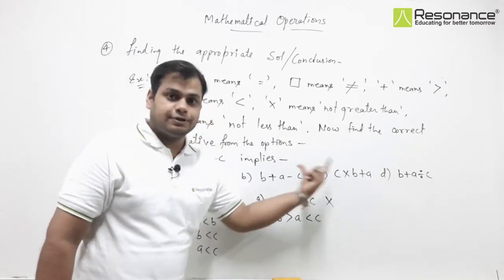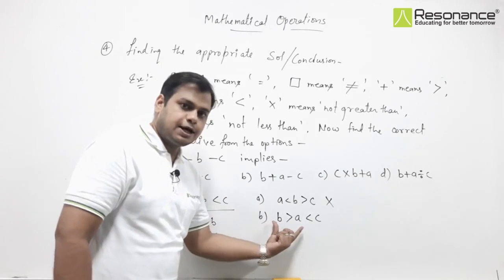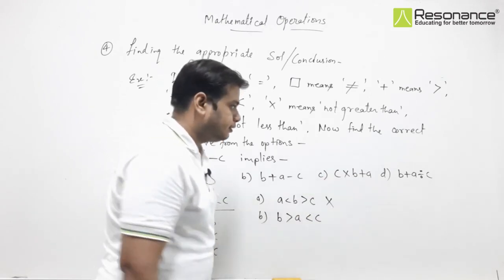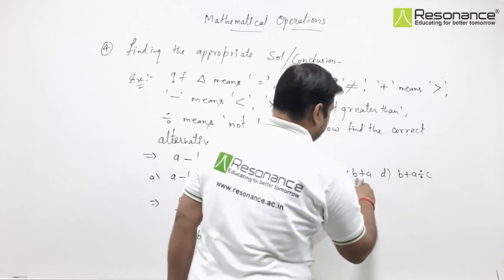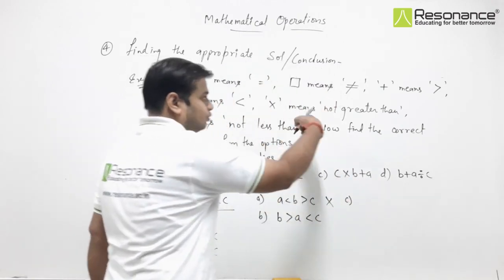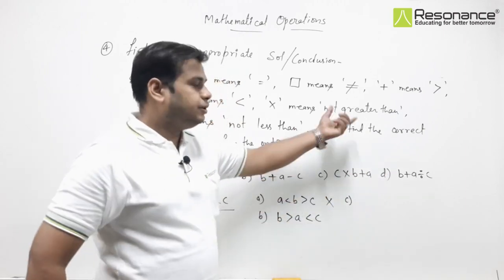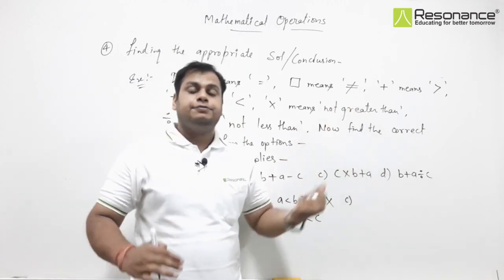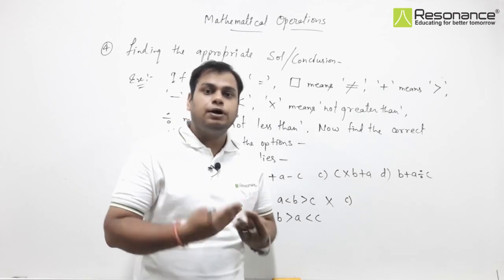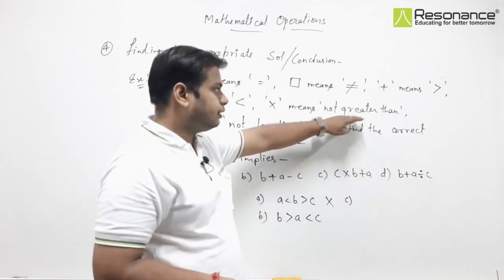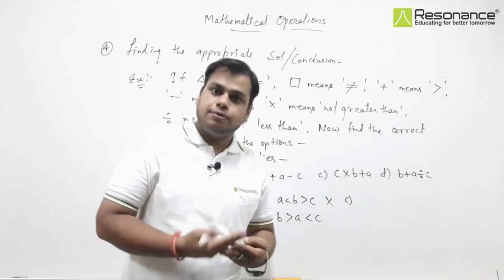Okay, if it is a possible answer, then let's see further. Here, option C says C multiply B, and multiply means not greater than. Now, what is the meaning of not greater than? If C is not greater than B, then it may be equal to or less than.